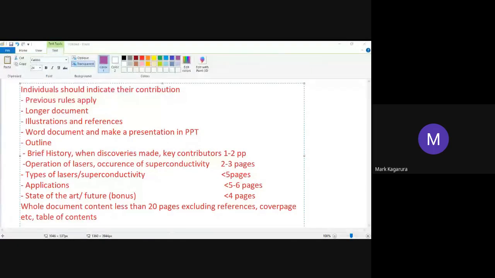So groups A, B, C, D, E, F, G, H, I, J, K, L, M, N, O. Should we leave it to groups to decide? What do you guys think?